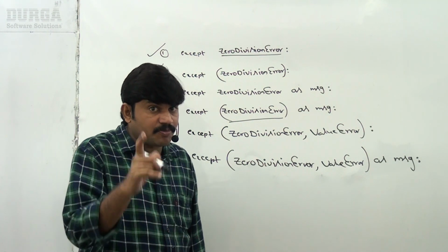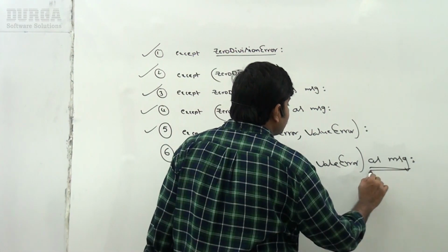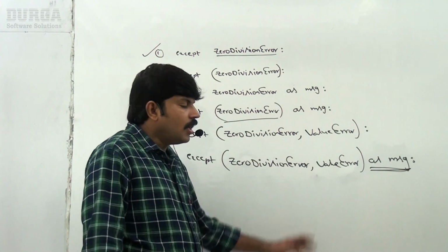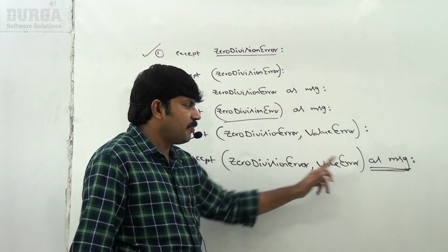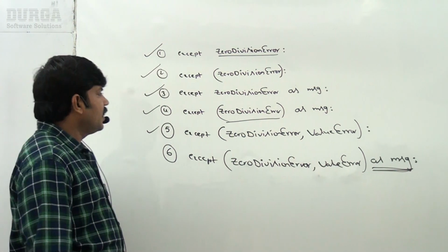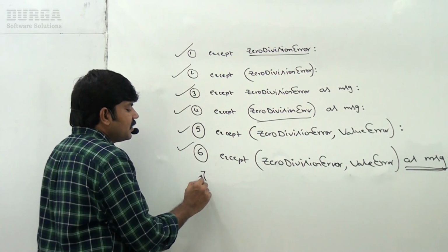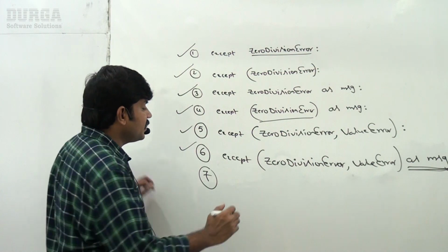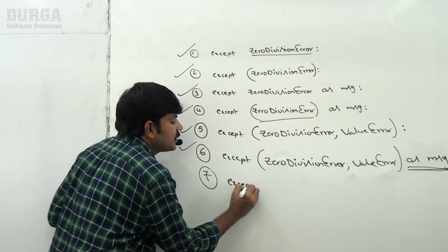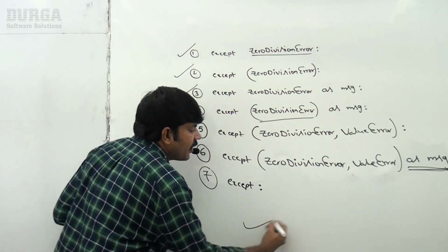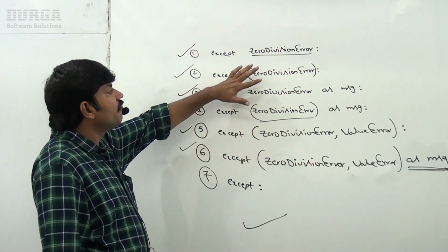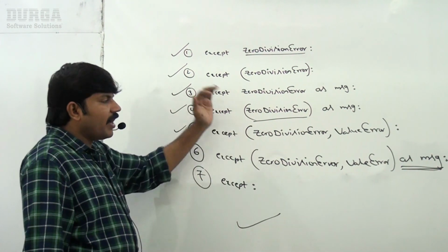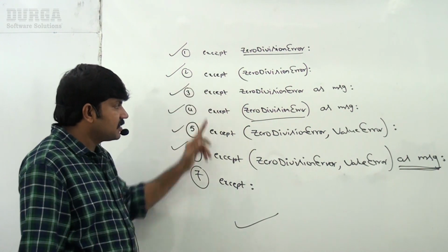But take very special care, this "as message" should be outside of this parenthesis. Is it clear, right? Next, sir, we covered one more, the default except block. What is the syntax for the default except block? Except, like this. Perfectly, these are the valid possibilities of except block syntax.